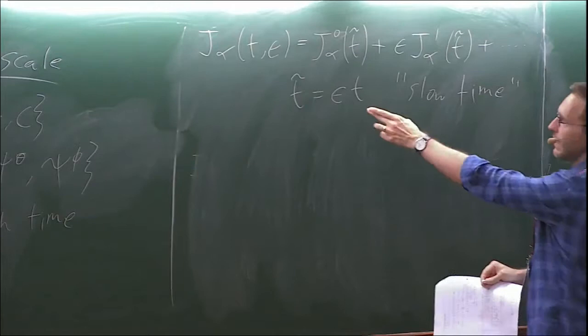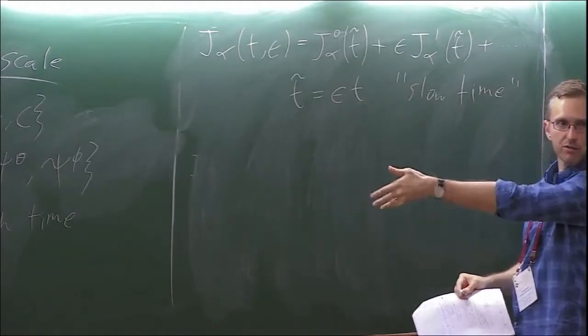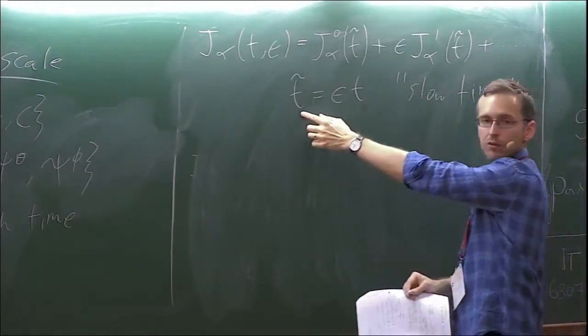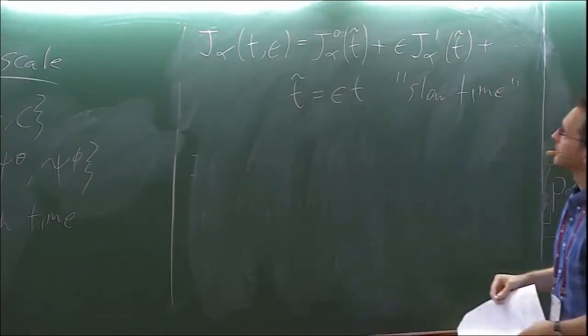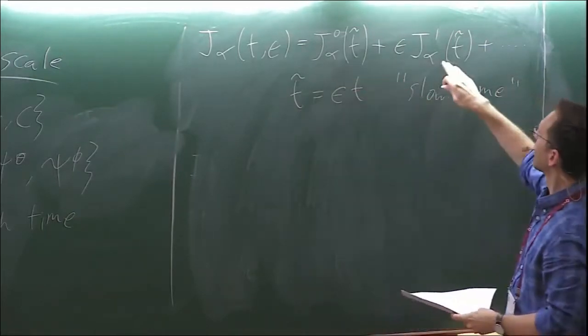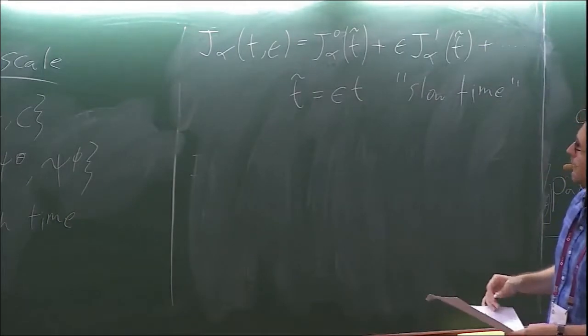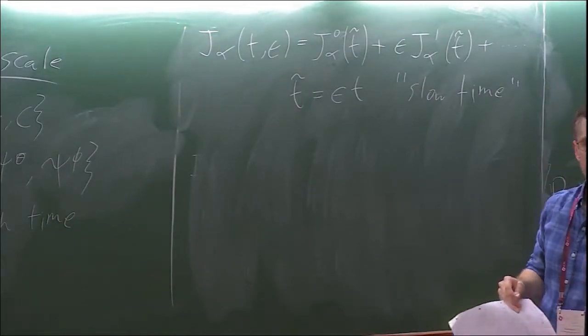So when T is of order 1 over epsilon, after the radiation reaction time, T tilde is of order 1. So these are evolving on the radiation reaction time, but they're approximately constant on an orbital period.